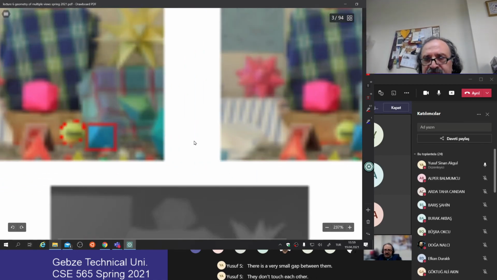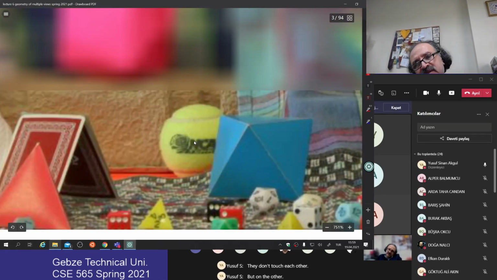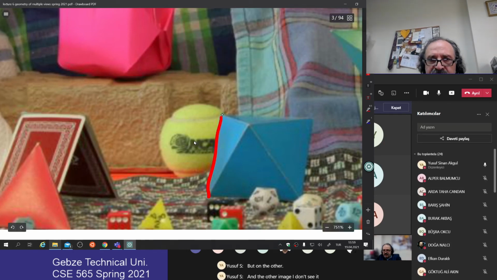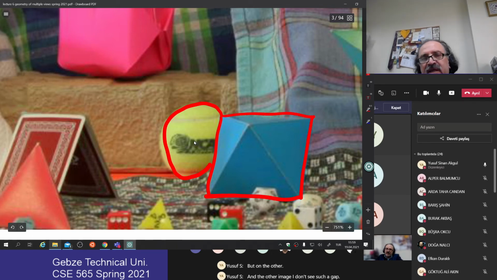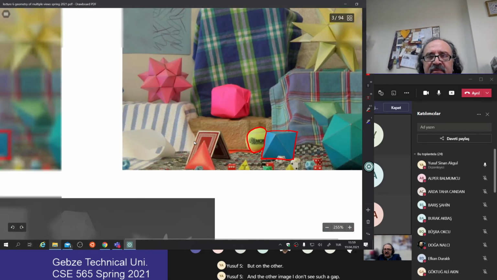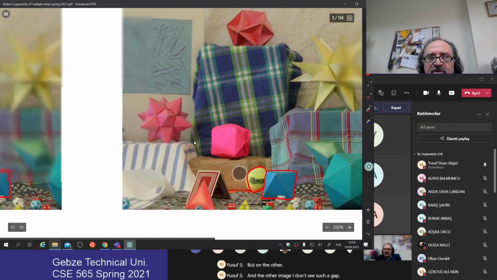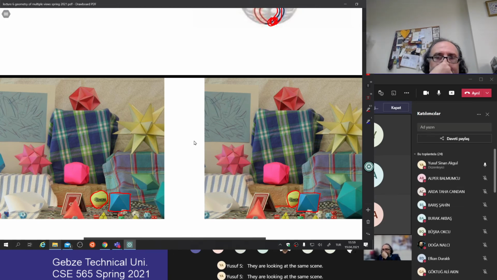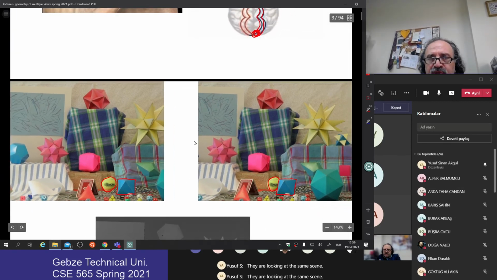But on the other image, I don't see such a gap. Okay, that gap is gone. Why? Because of the parallax, because of the angles of view of these two cameras. They are looking at the same scene from a different position.